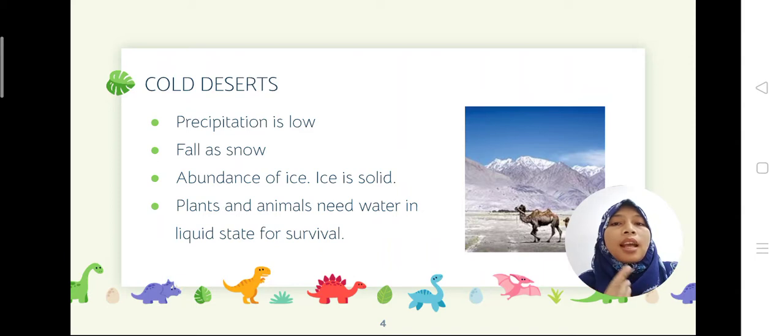In icy climates, as in extremely hot climates, plants and animals must develop strategies for conserving every drop of water. That is why it is very crucial for them to have water.